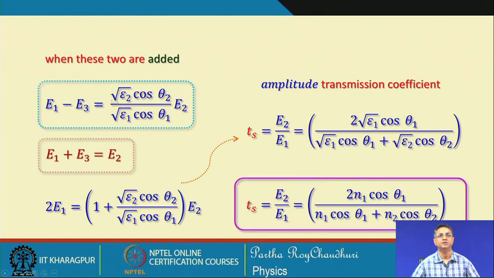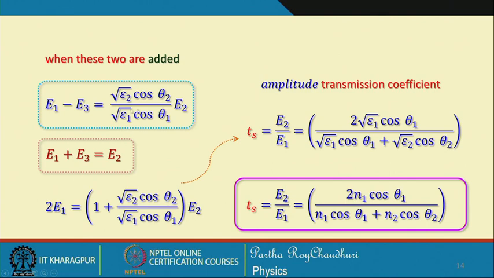E1 minus E3 is this equation, which is due to the continuity of the tangential component of the magnetic field, and this is the continuity of the electric field across the interface. So, if these two are added up, then we will be able to eliminate E3. So, twice E1 will be simply 1 plus this quantity multiplied by E2.